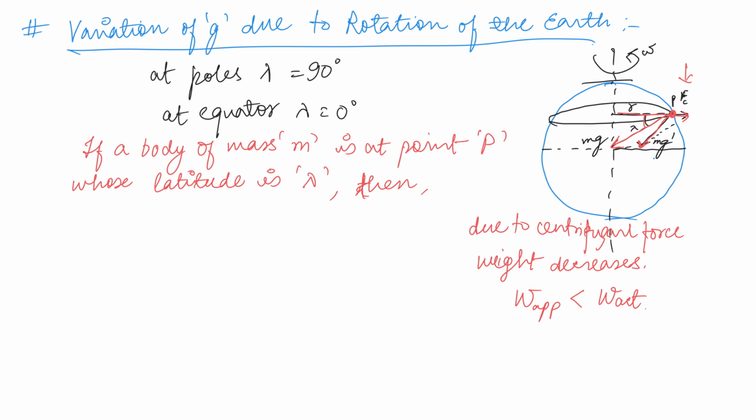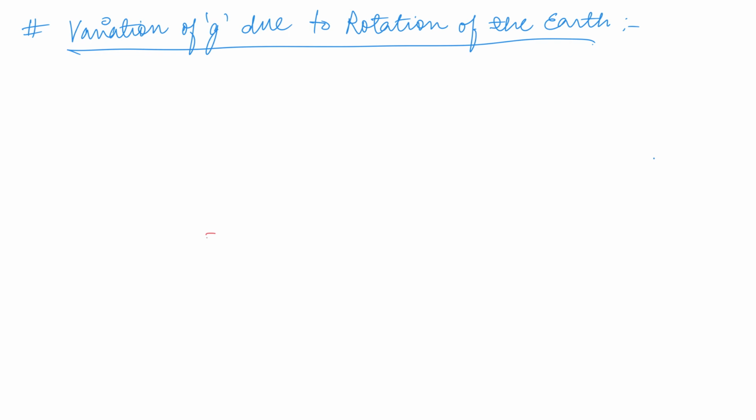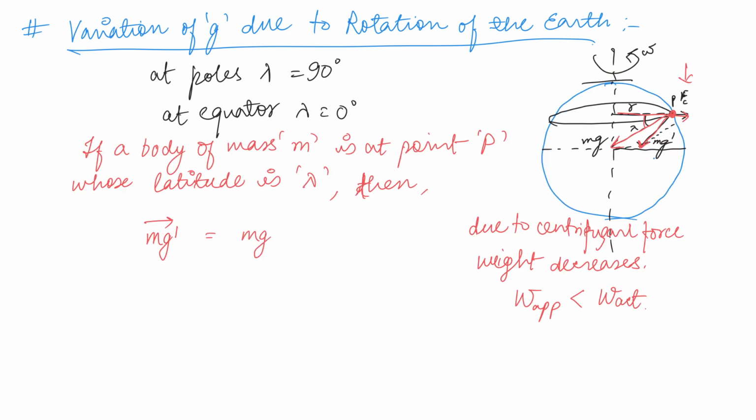So if at point P the acceleration due to gravity is g dash, then the apparent weight, if we resolve this, we will see that mg dash will be equal to mg plus Fc.